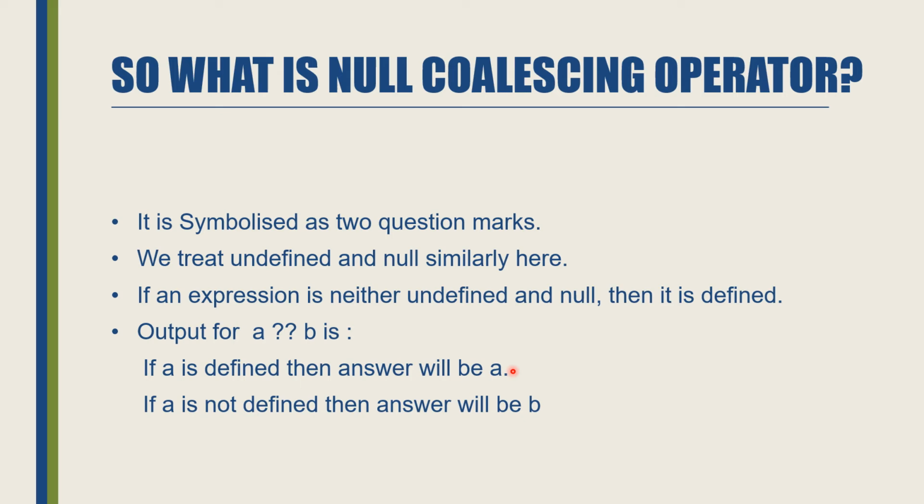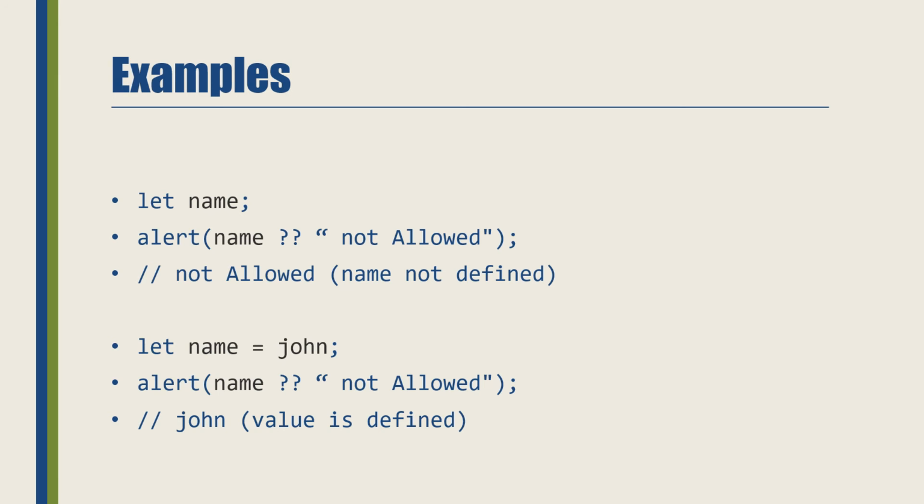Okay, so I'll take you to another example. Suppose we take a variable, let name, and we show an alert with name. If name is defined, it will display name, but if it is not defined, then it will show "not allowed".